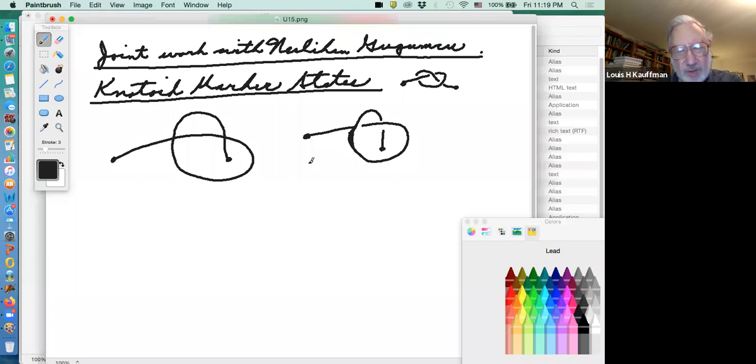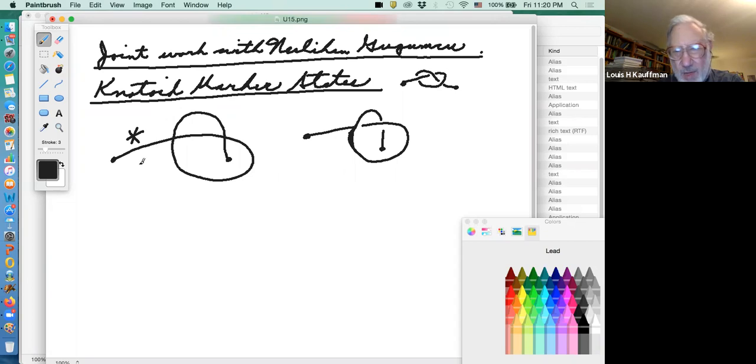So we could try to make a marker state here, but now the story is a little different, because you see, I might put a star here, but this star is actually on top and on the bottom, right? It's everywhere.